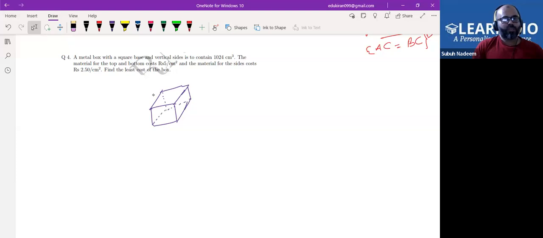So if this is x side, this is also x, and height can be y. The material for the top and bottom costs rupees 5 per centimeter square, and the material for the side costs rupees 2.5 per centimeter square. Find the least cost of the box.